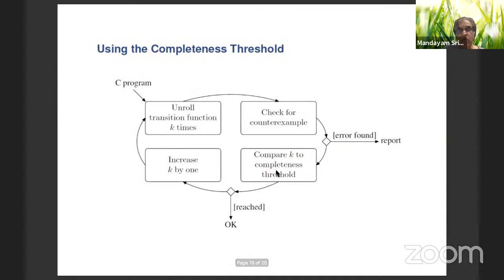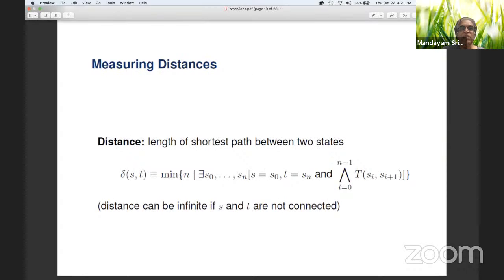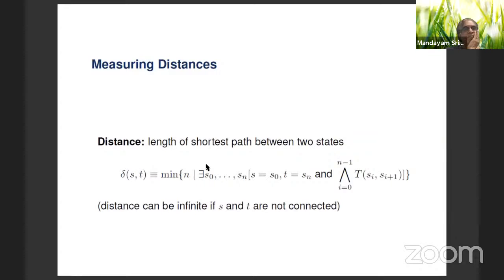Now I'm going to define certain metrics on transition systems in terms of which this completeness threshold will be expressed. So distance: the length of the shortest path between two states is what is defined as the distance.